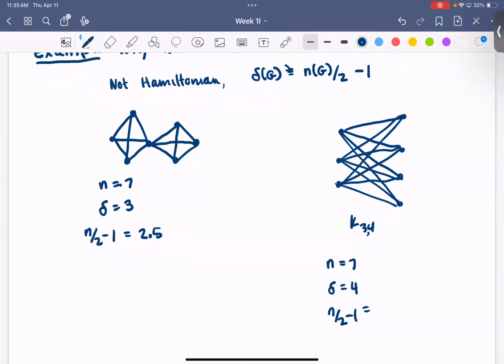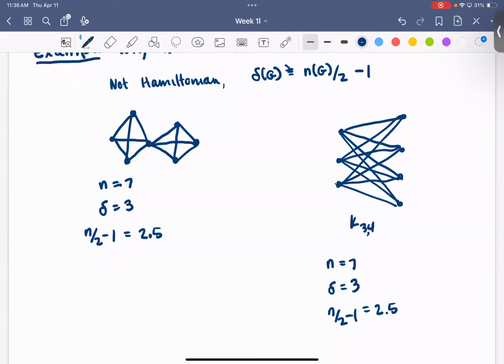No, but this will be Hamiltonian. Wait. Oh, no, it won't, because the partite sets have different sizes. Wait, now I'm confused, because n over 2 minus 1 is going to be 2.5 again. Ah, sorry, I got the minimum degree wrong. The minimum degree comes from the vertices on the partite set of larger size. So the minimum degree is 3 again.